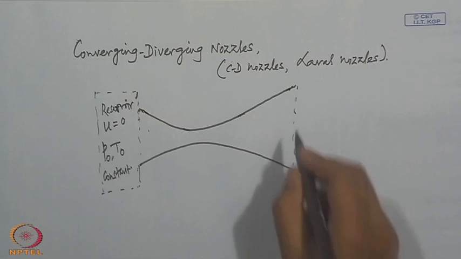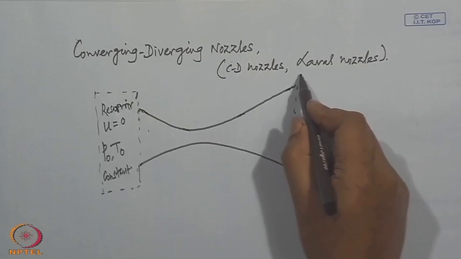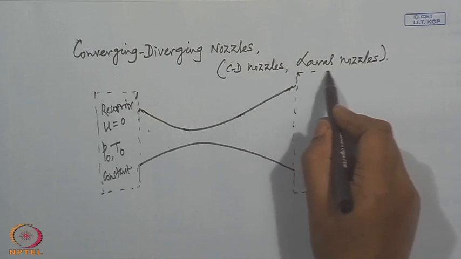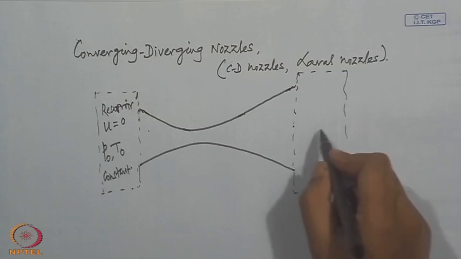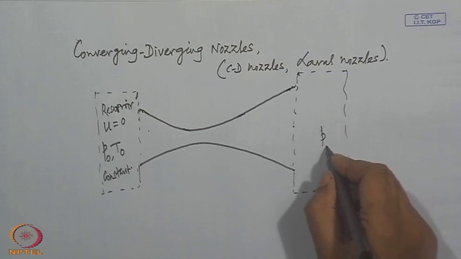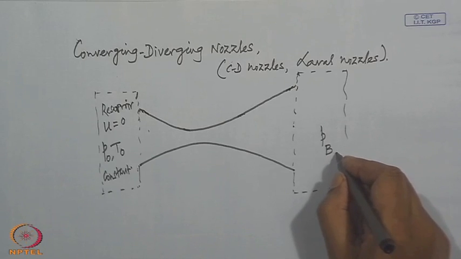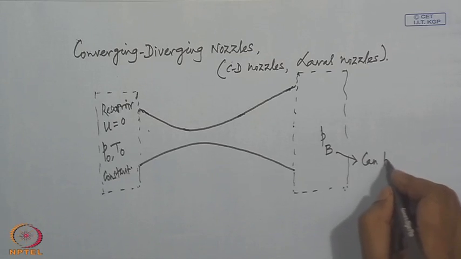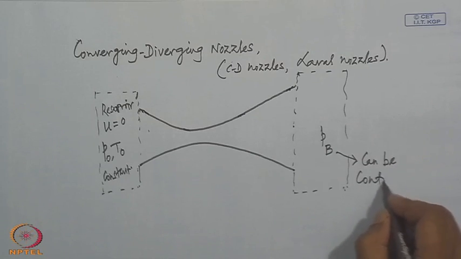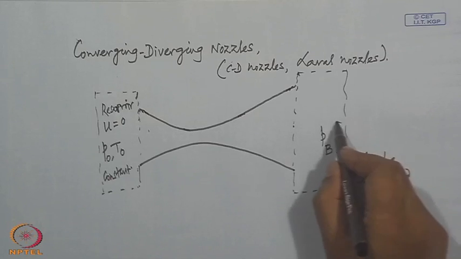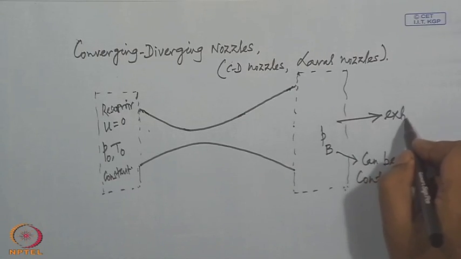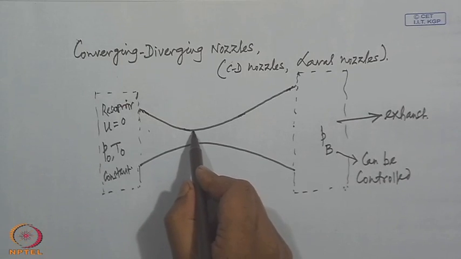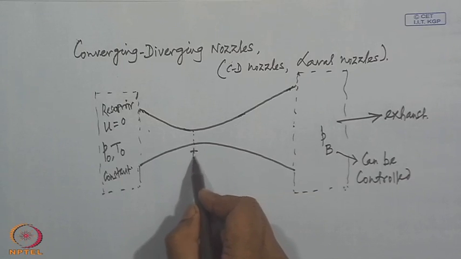This is the exit plane, and let us say in the downstream it is again connected to a mechanism through which we can control back pressure. This is the throat.